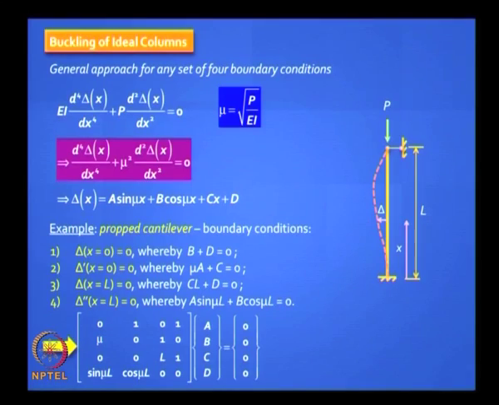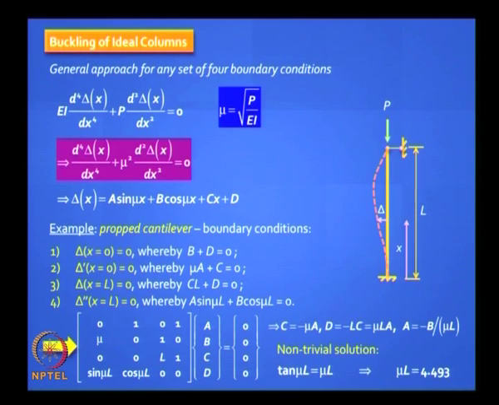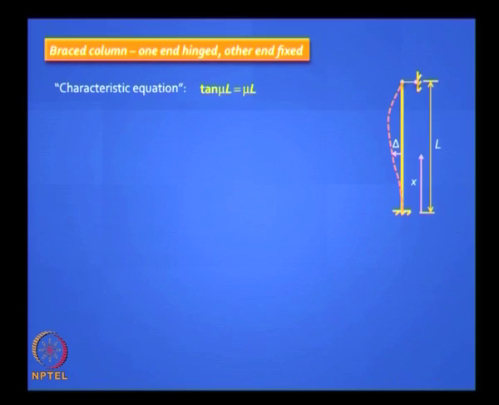If you apply them and you plug in the solutions, you can write it in a matrix form. When you solve this, you get some constants A, B, C and D, and the last equation when you solve will be an eigenfunction, eigenvalue problem, and typically it will take some shape like this. So tan mu L equal to mu L is a transcendental equation. You can have multiple solutions for these. The lowest value of mu L corresponds to your fundamental mode, and that's how you get mu L equal to 4.493 in this example.